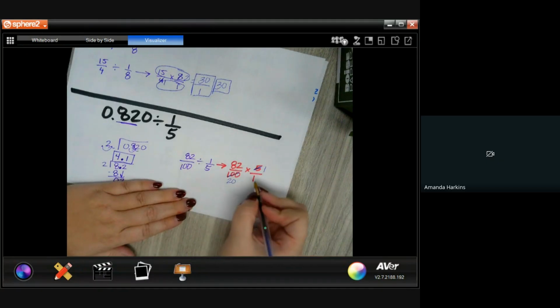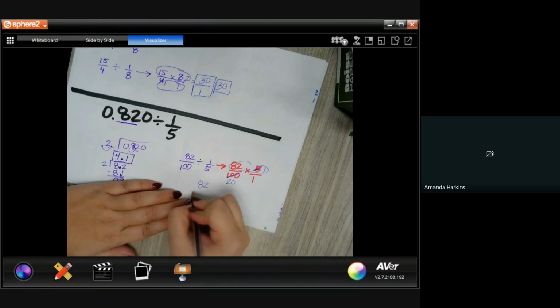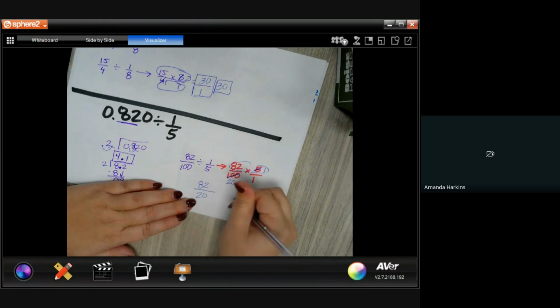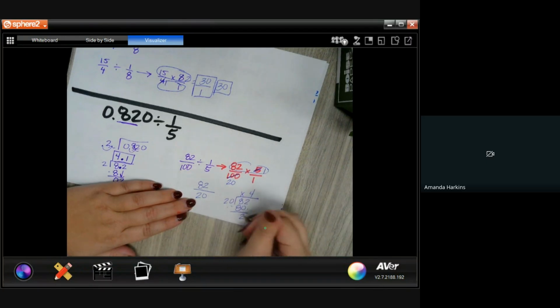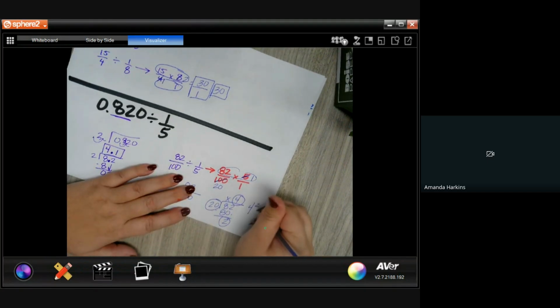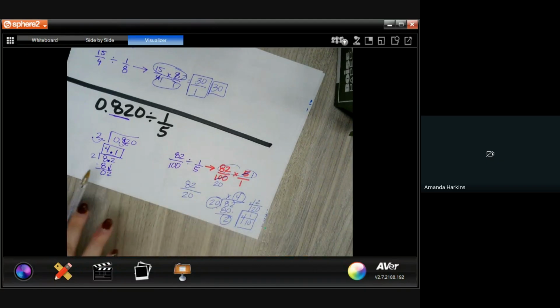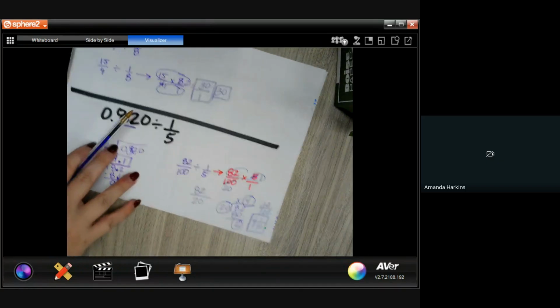So we have 82 times 1 is 82. 20 times 1 is 20. So I can go ahead and put this inside my house. 20 can go into 82 4 times. Got 2 left over. So this is 4 and 2/20ths, or 4 and 1/10, as I can simplify it again. And that is also what I got here.